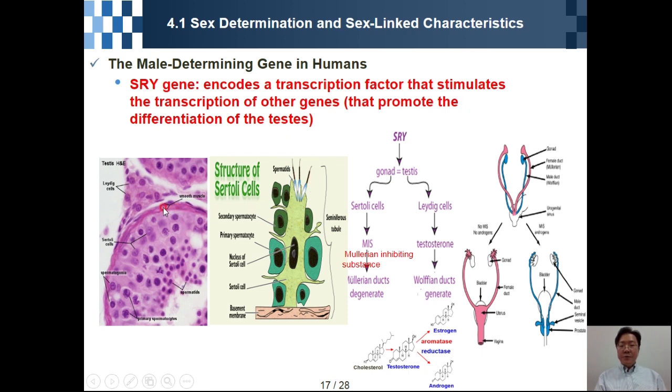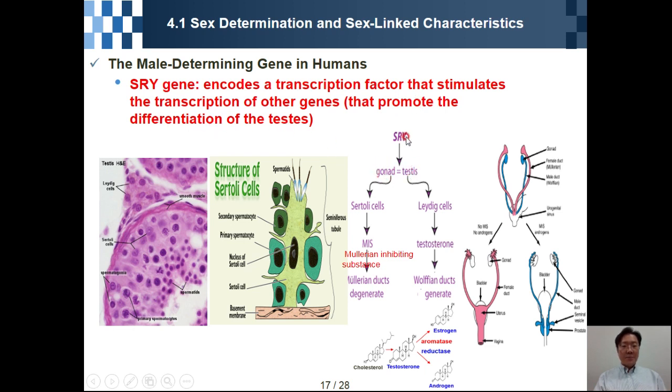And next to the Sertoli cell, there is a Leydig cell. Okay. So what's the function of the SRY? Once again, it can stimulate the transcription of other genes that promote the differentiation of testis.